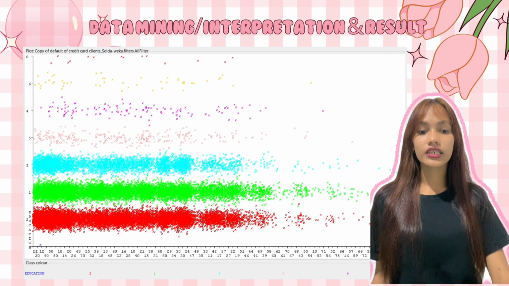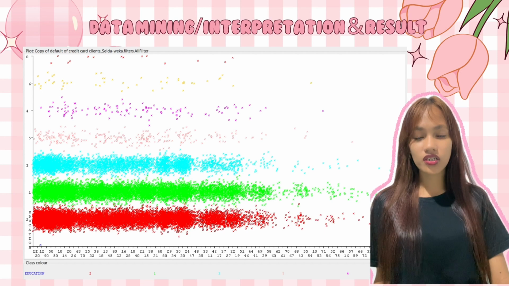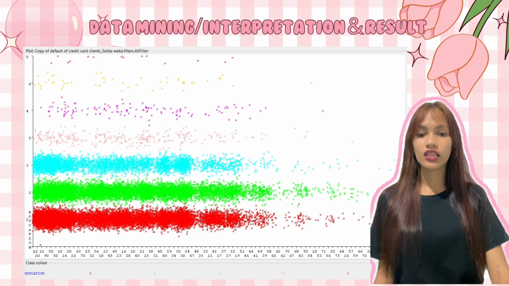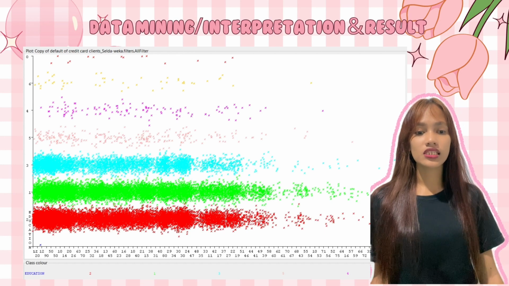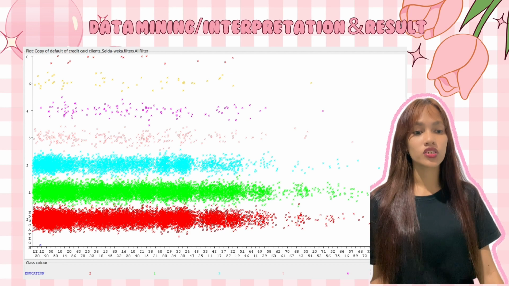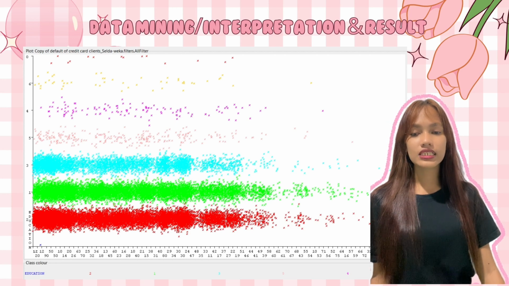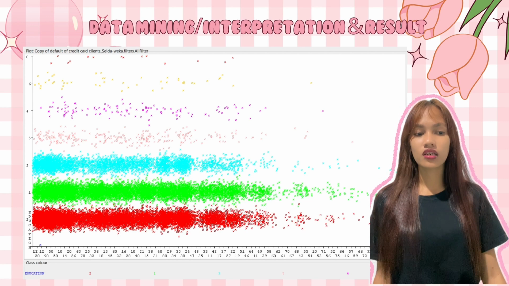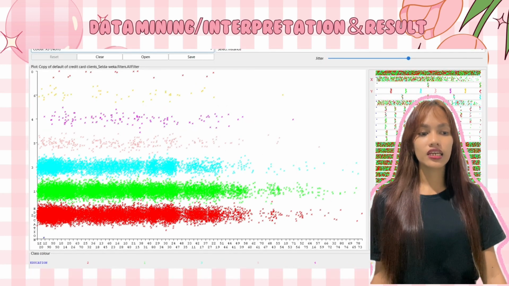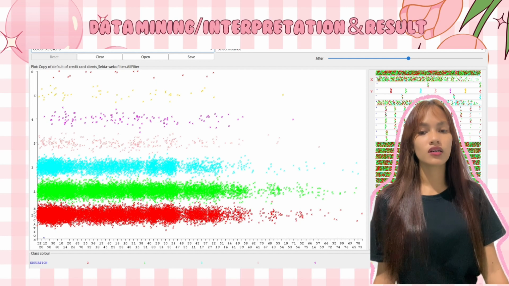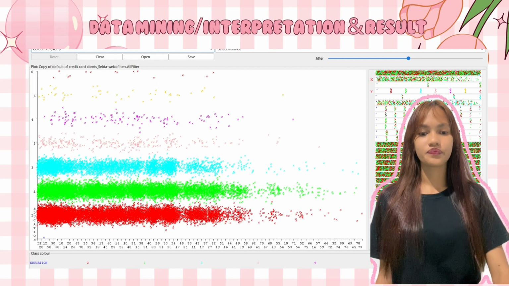Then yung color green naman na green cluster ay nag-represent ang education level 1. It represents another group with a different education level, potentially higher than level 2, placed slightly above the red cluster on the graph, which could indicate a difference in the distributions of certain financial or demographic variables.